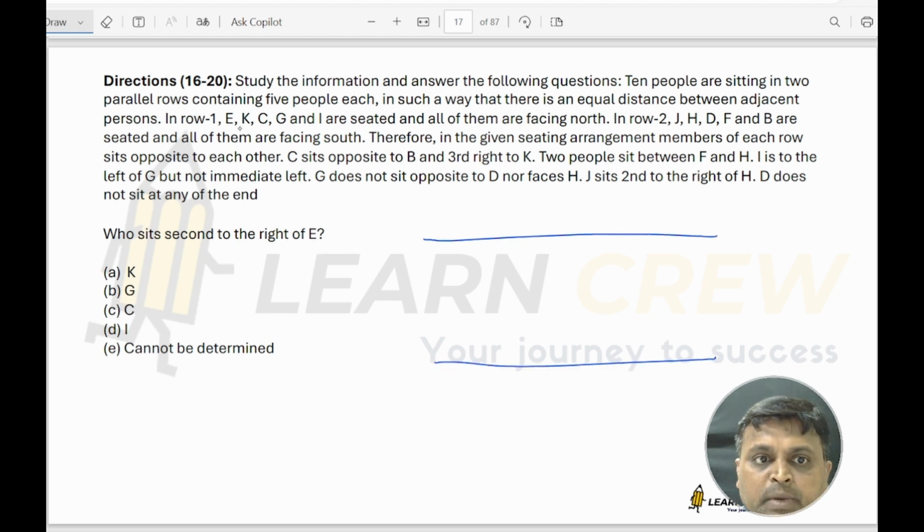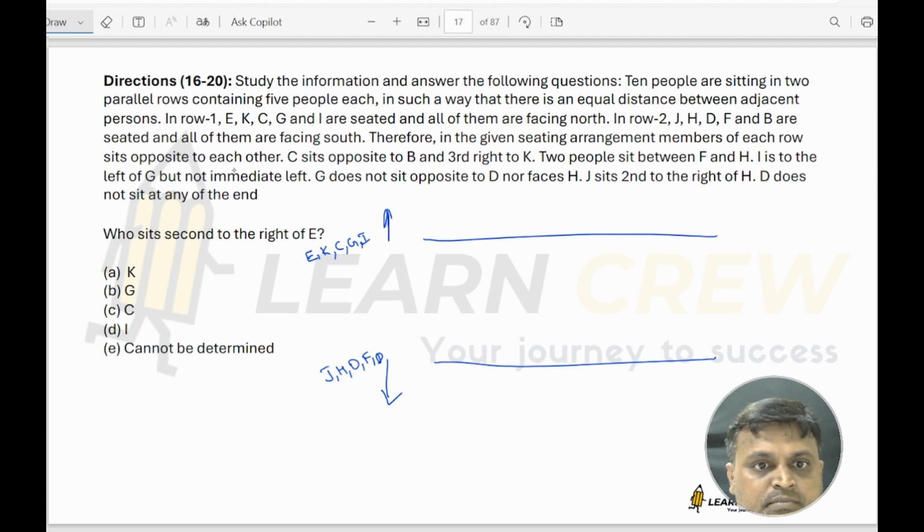In row 1, E K C G I are seated, and in row 2, J H D F B are seated. Row 1 is facing north and these are facing south. That is what is given.